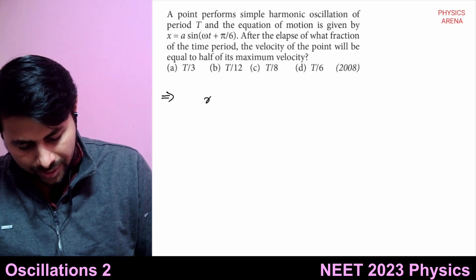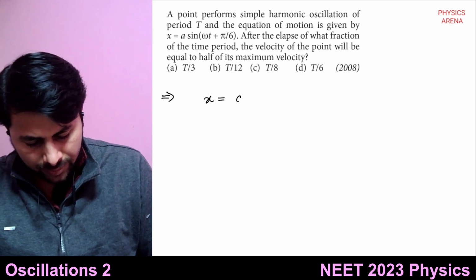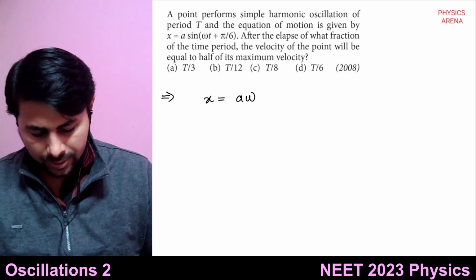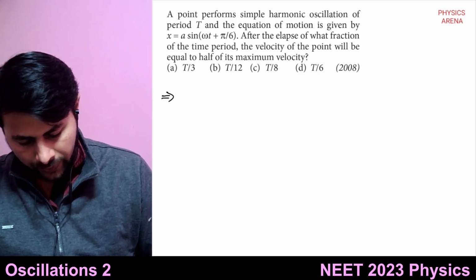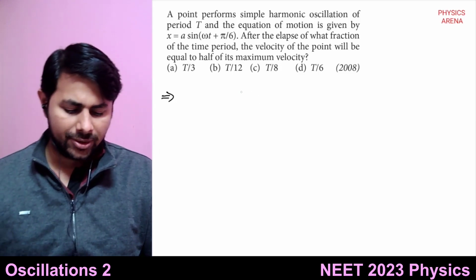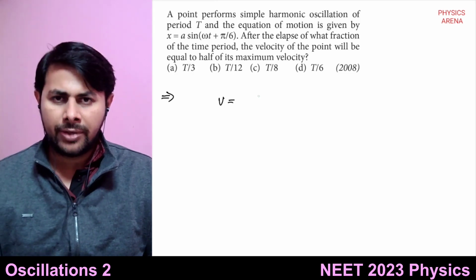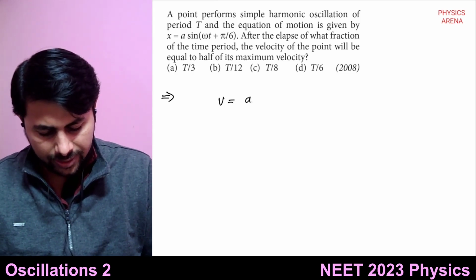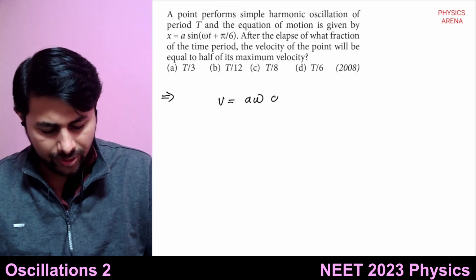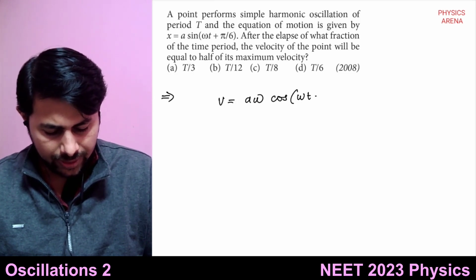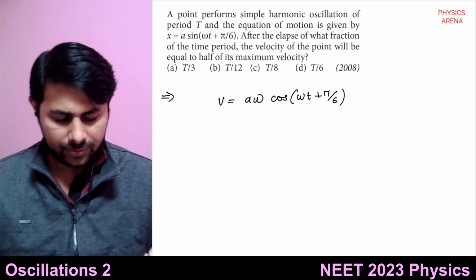So we have x equals a sine of omega t plus pi by 6. So velocity will be what? Derivative of that, that is a omega multiplied by cos of omega t plus pi by 6.